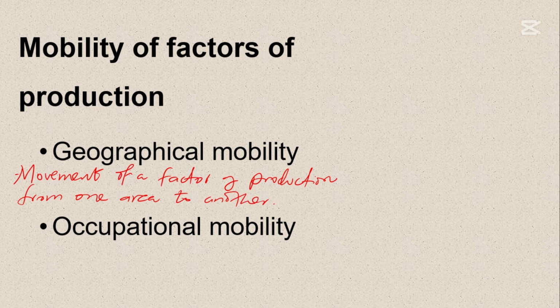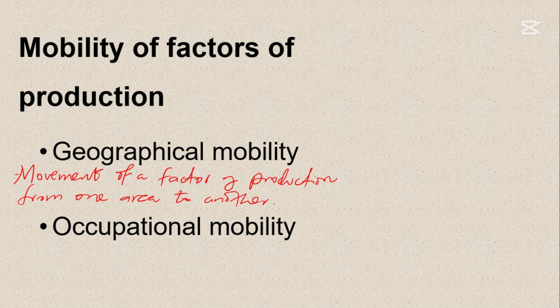This is a physical movement. If we have a Mexican migrant moving to the US to work there, that is geographical mobility of labor because they have changed their place of work geographically. They have changed physically where they are working to another working area.